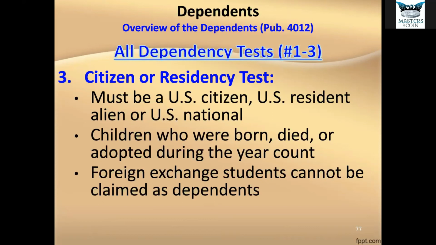If they meet all of the other tests, they might be able to claim their parents in Mexico, or a child who lives with another relative, whatever, you get the idea. Mexico and Canada count for this test. So those three tests are required for either children as dependents or relatives as dependents.